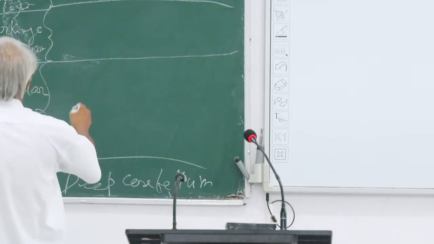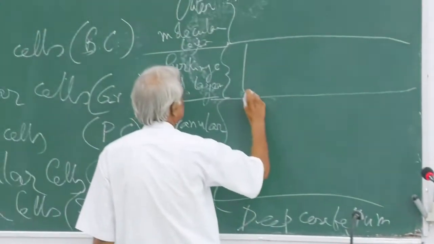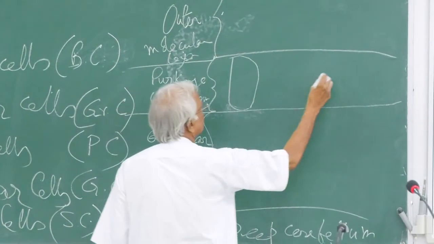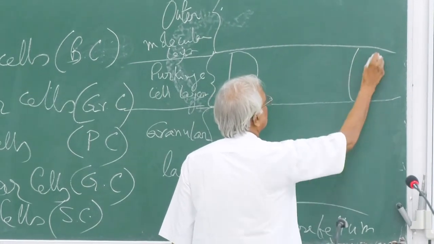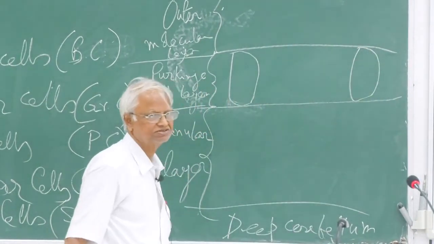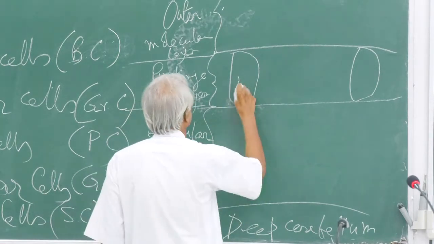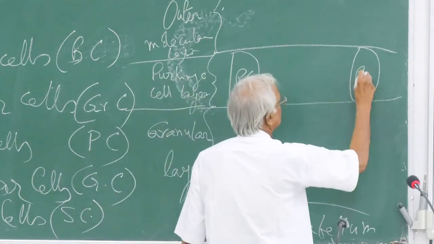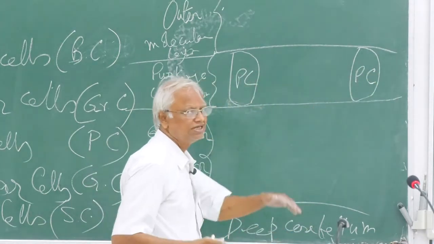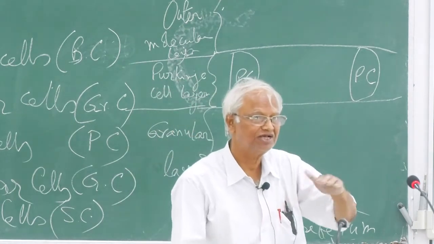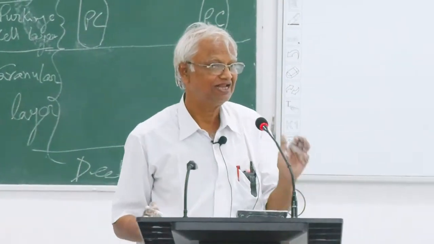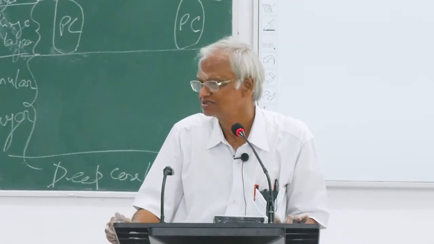These are the Purkinje cells. They cover the whole length of the Purkinje cell layer of the cerebellum, the middle layer.